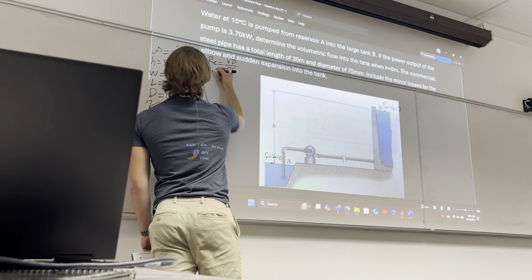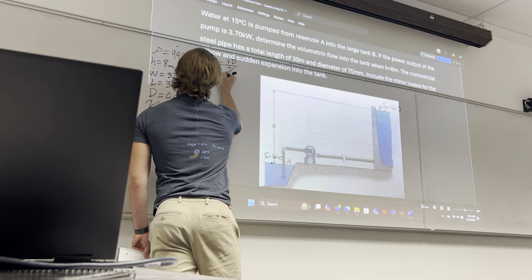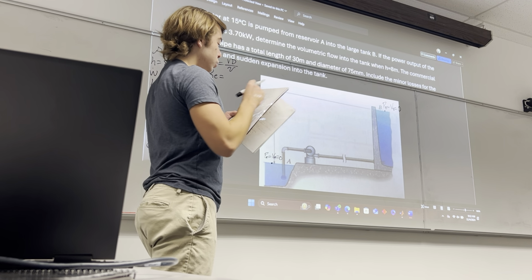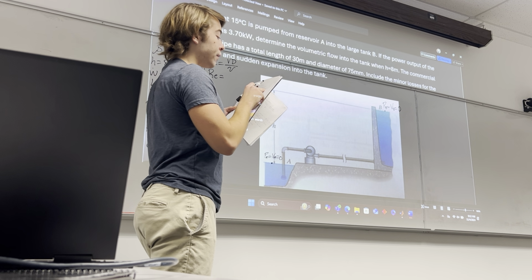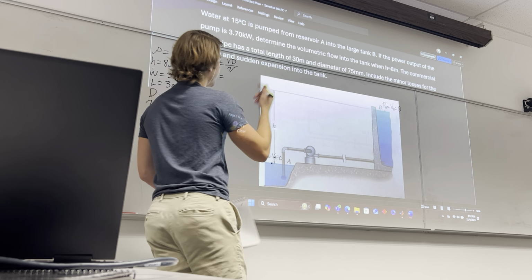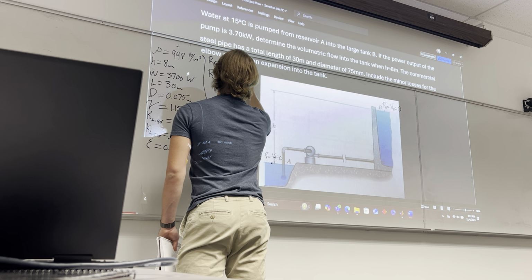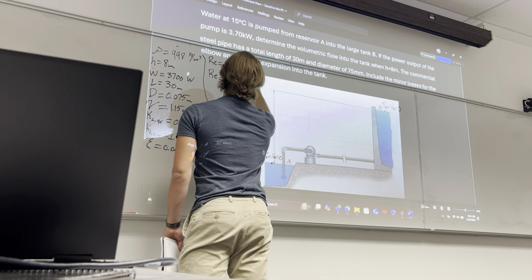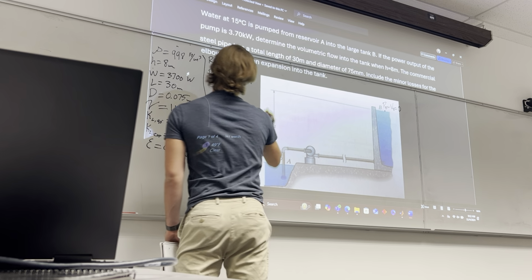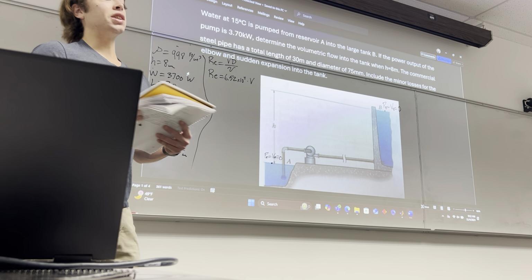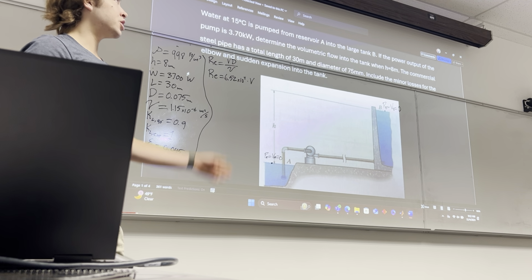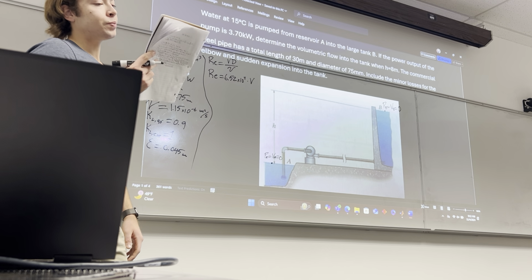So just plug those in. I'll rewrite it as Re equals 6.52 times 10 to the 4 times whatever the velocity value is. And remember, that's a dimensionless number that has no units to it.